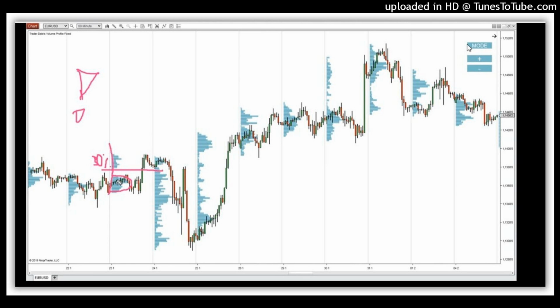In this case, I would say that this is a part of one big rotation in here. So there's now a new balance in the market, and the new balance looks like this. D-shaped profile, rotation, and the balance. So we had a balance in here, now we have a balance in here.